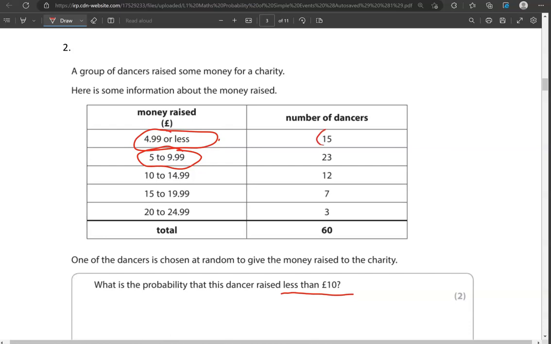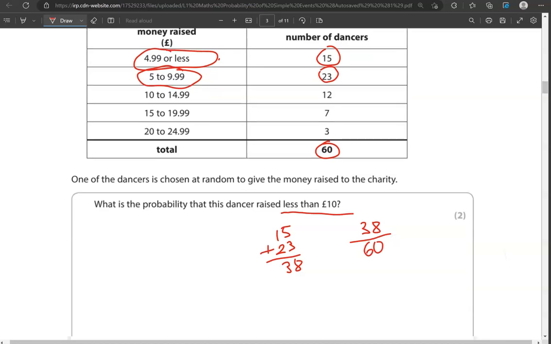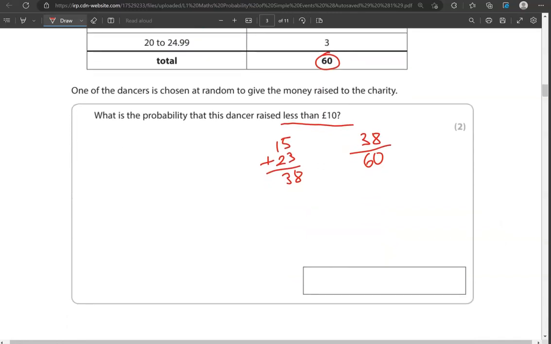So we have 15 and 23 dancers. That is 38 dancers out of the total, which is 60. So the probability that the dancer picked raised less than £10 is 38/60. The question isn't asking to simplify the fraction, so I'm just going to write it as it is.